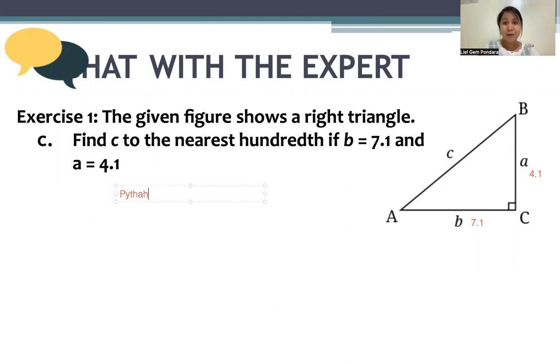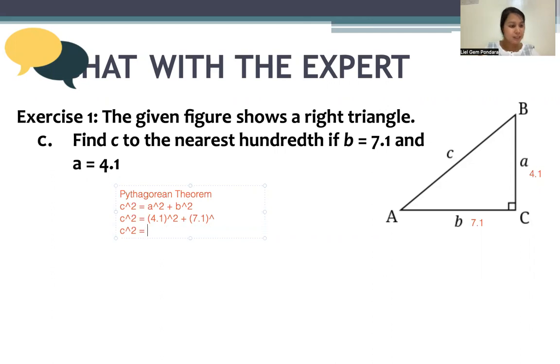It's so easy to memorize this. Our Pythagorean theorem, C squared is equal to A squared plus B squared. Our C is missing. Our A is 4.1 squared. Our B is 7.1. Then we square it.